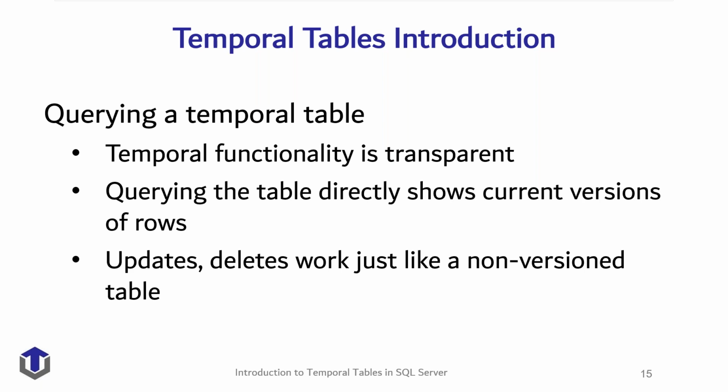If you're updating, deleting, inserting data, insert into table, column list, or however you want to insert. All the bulk operations as well, those work exactly the same. The only difference is under the hood, if you're doing any sort of update or delete, it's storing the old version and moving that over to the history table as part of that operation.